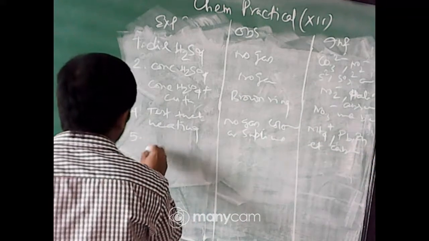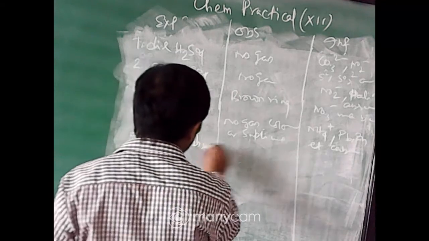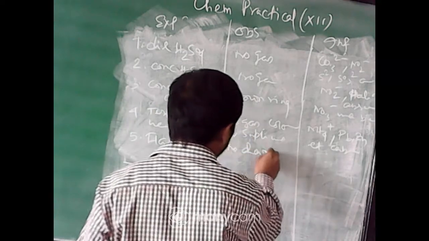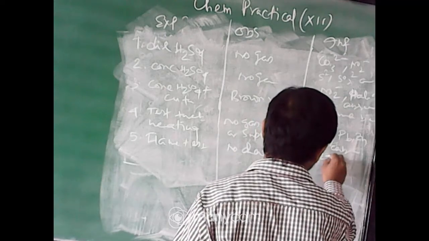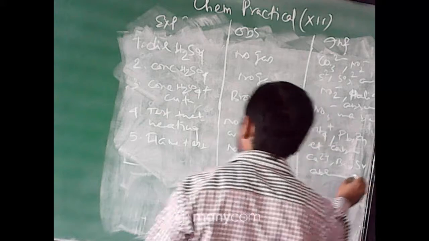Number 5 is the flame test, no characteristic flame. So calcium, barium, strontium, copper are absent.